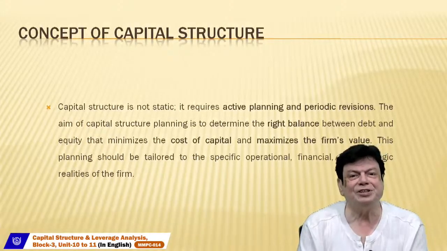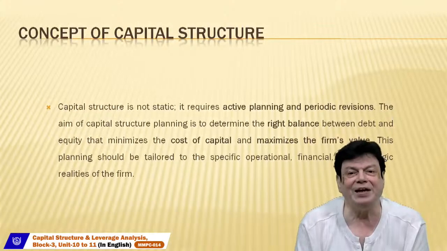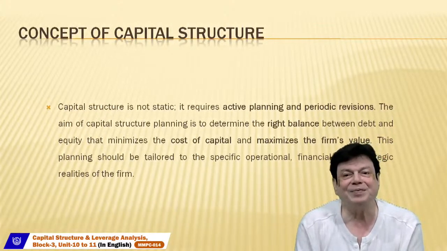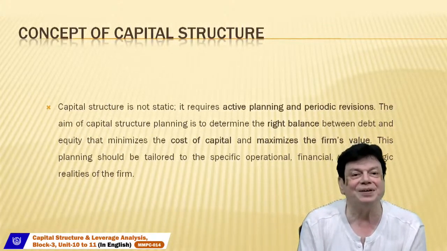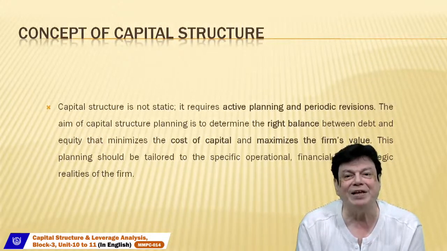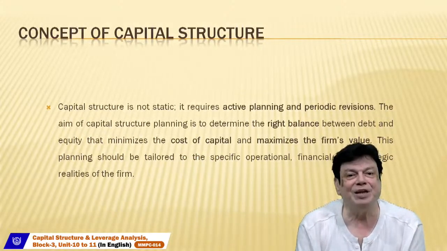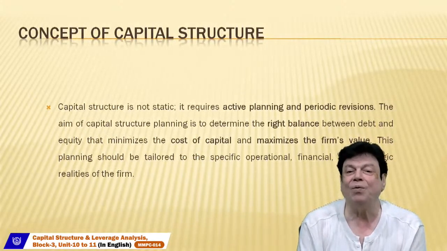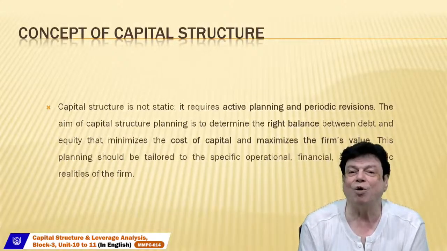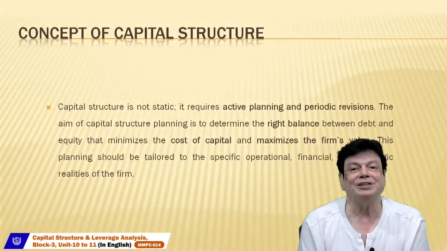Capital structure is not static, it requires active planning and periodic revisions. The aim of capital structure planning is to determine the right balance between debt and equity that minimizes the cost of capital. Now suppose they borrow from the bank, that is how much interest the bank is charging them.